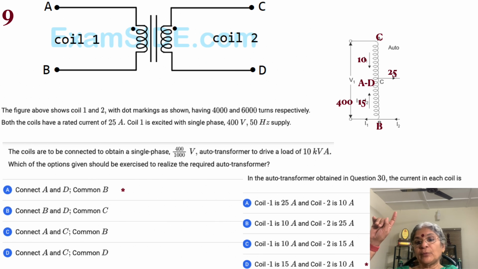So the top coil will have 10 amps. Since the coil can be rated at 25 amps, the rest will go to the load if required. Then the remaining: by Kirchhoff's law, 10 here, 25 on the other side, so 15 and 10 are going to come together to cater to 25 amps for the load, at the mid point.